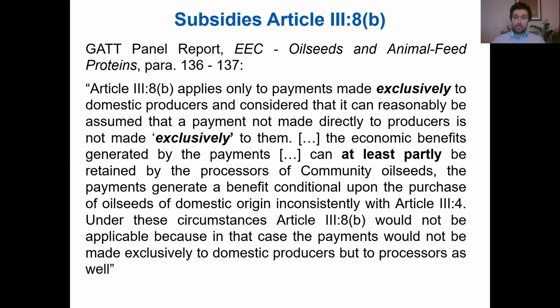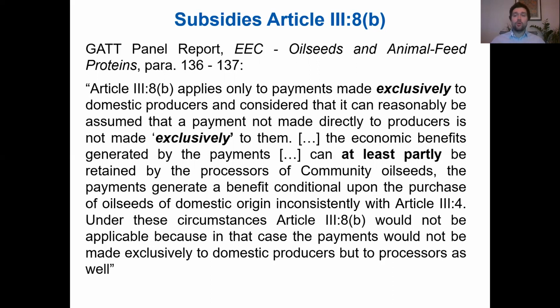The economic benefits generated by the payments can at least partly be retained by the processors. And as long as this economic benefit can at least partly remain with the processor, the payments generate a benefit conditional upon the purchase of oilseeds of domestic origin, inconsistently with Article 3.4.